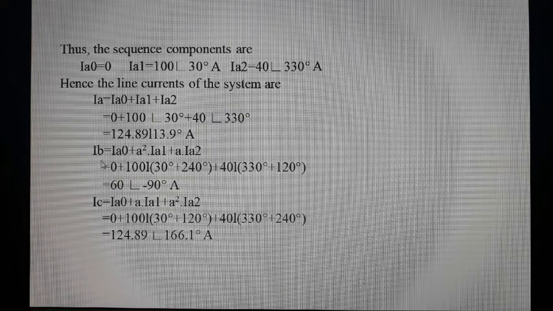Substituting, we get the IB value, and for IC the equation is IA0 plus A IA1 plus A square IA2. That is, all the line currents IA, IB, IC can be determined in terms of IA0, IA1 and IA2. By using these relations we can get the answers.